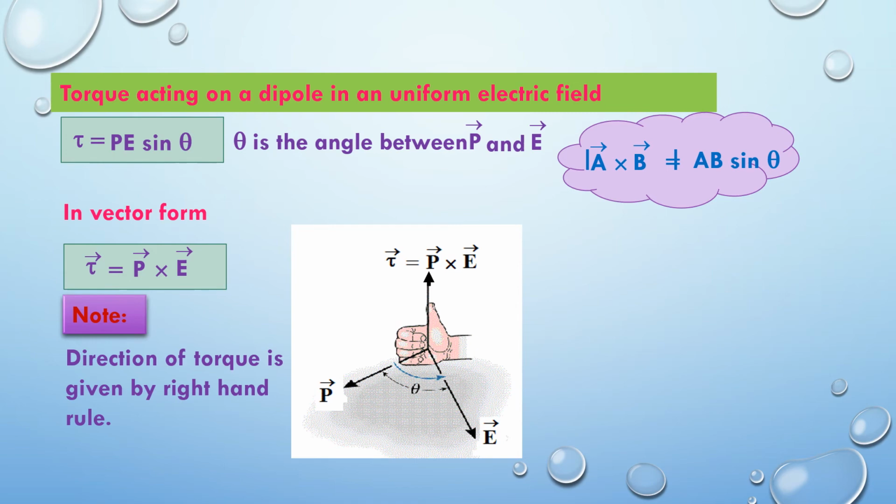If you consider this vector P and vector E, and you start rotating your hand as per the right hand screw rule, the finger initially would be pointing towards P. When you enclose your fingers, it would be moving by this angle theta. That would be the final one, which is E. And the thumb represents the resultant direction, which gives you the direction of torque.